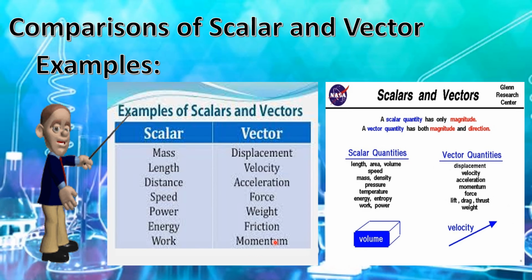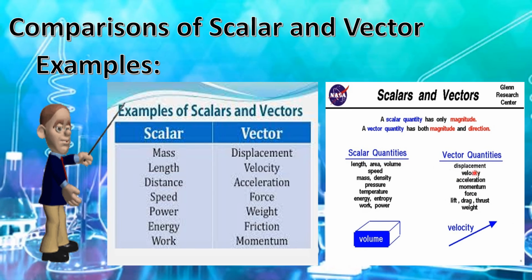Another example: scalar quantities are your length, your area, your volume, your speed, mass, density, pressure, temperature, energy, entropy, work, and power. These are all examples of your scalar quantities.